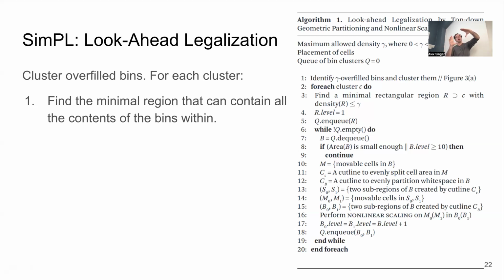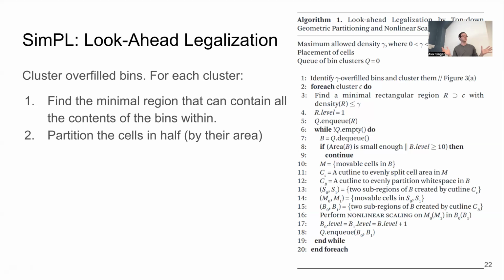So, for example, I have enough white space, in this case, because this is an ASIC placer, to sufficiently contain all the cells that are within it. Once I've found that minimum region that can contain all of them, we then partition the cells in half. Basically, I have a list of all the cells in that region, and I'm just going to say, everyone to the left, you go on this partition.